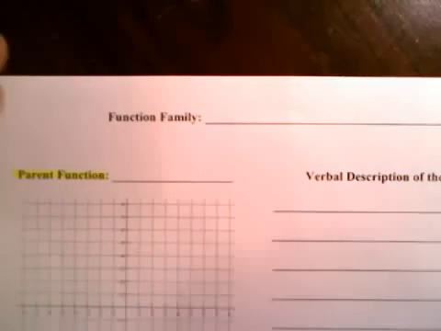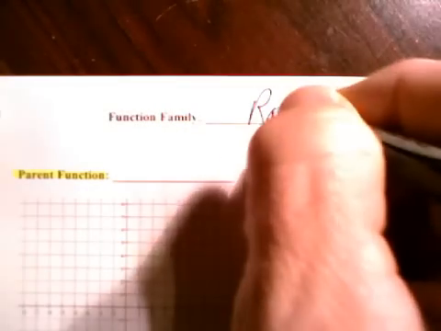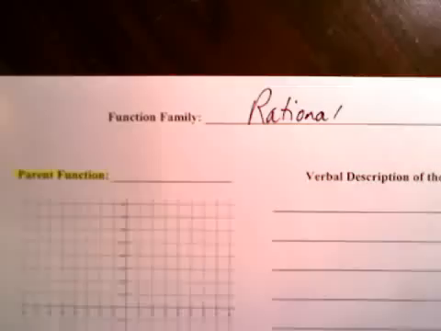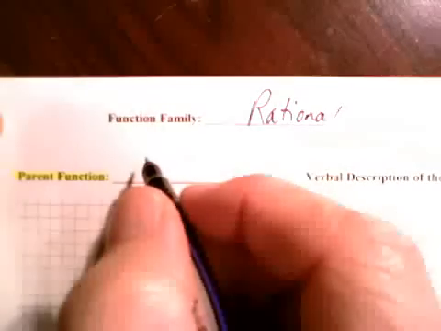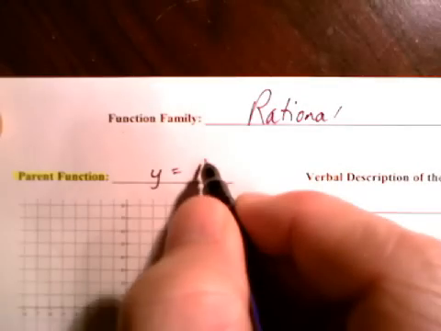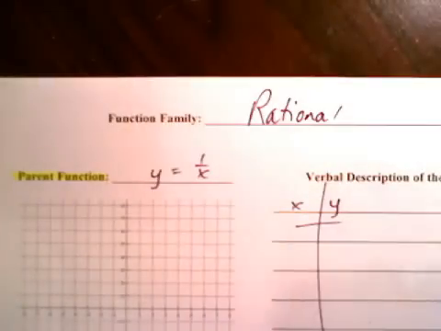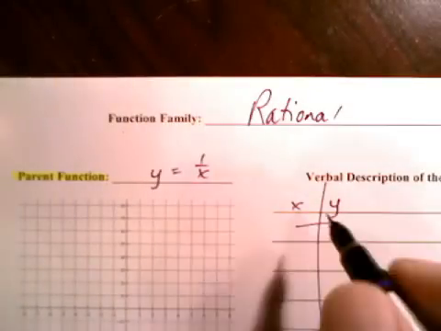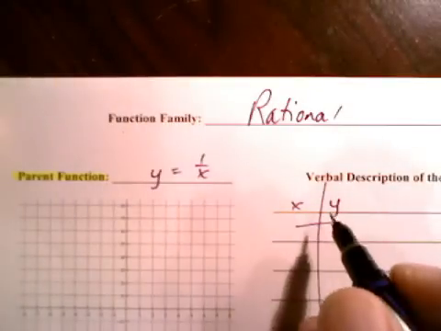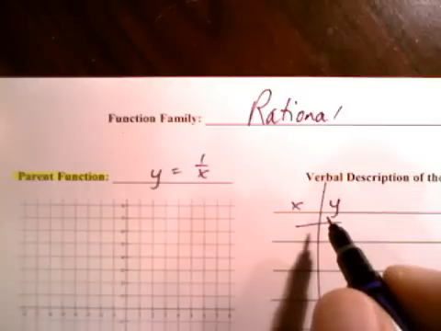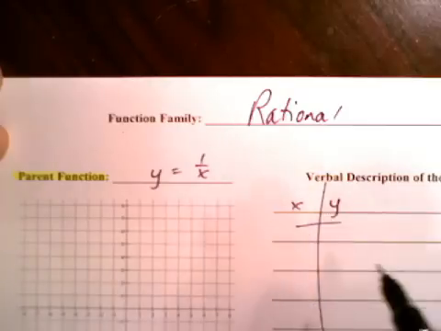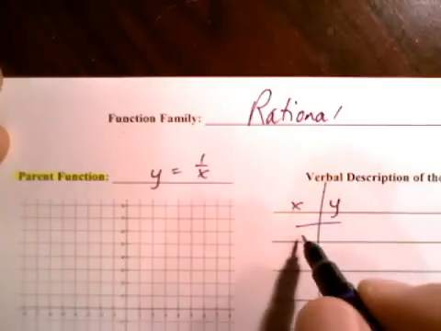Function family. We have talked about these functions. We're in the rational function family, and the parent function would be y equals 1 over x. And just like at the start of this video, where I was talking about just plotting points, just pick some. Based on what we know about rational functions, x can't be 0.